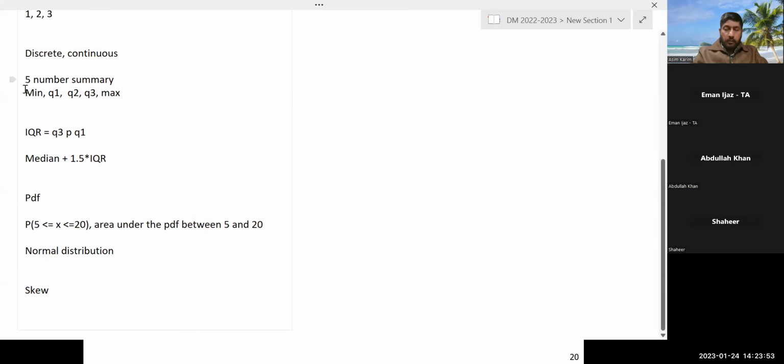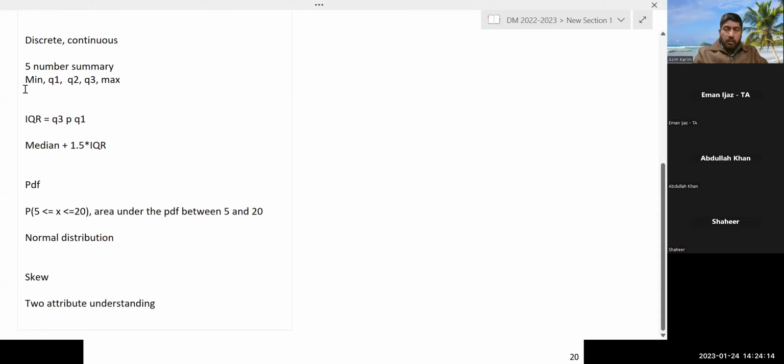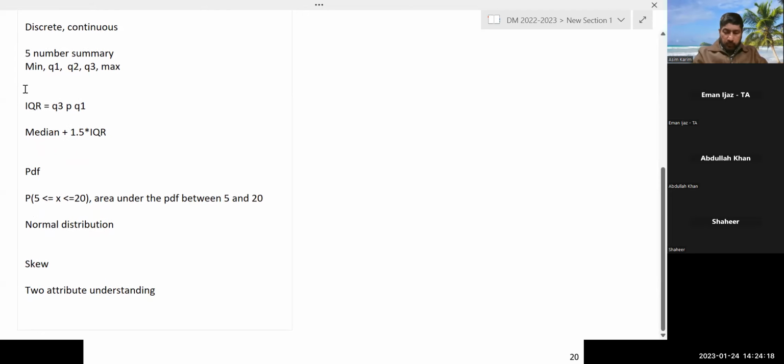All right. Now let's move on to trying to understand two attributes at a time, or characterizing two attributes. Before I start that, let me just give you a notation.